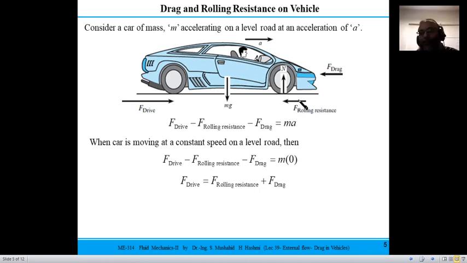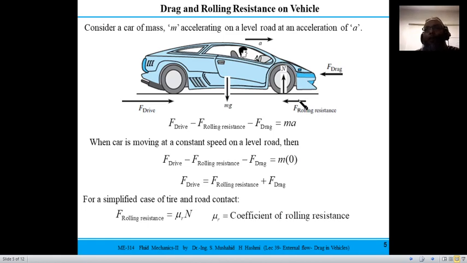In simple form, the rolling resistance can be calculated if we know the normal reaction between the contact surface of the tire and the road, and it is directly proportional to the coefficient of rolling resistance, which we call mu r.